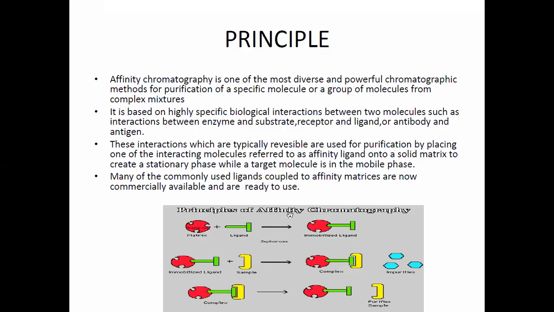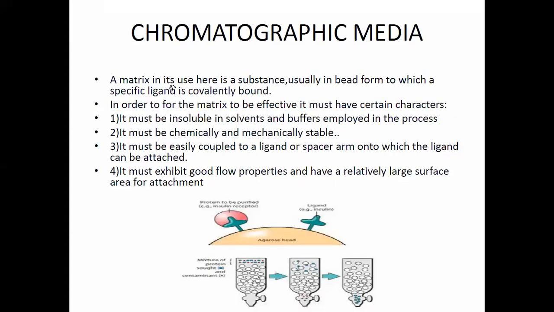So we need to decide what is the nature of the substance, what type of analyte is analyzed. Based on their property, the selection of the solid matrix and ligands takes place.